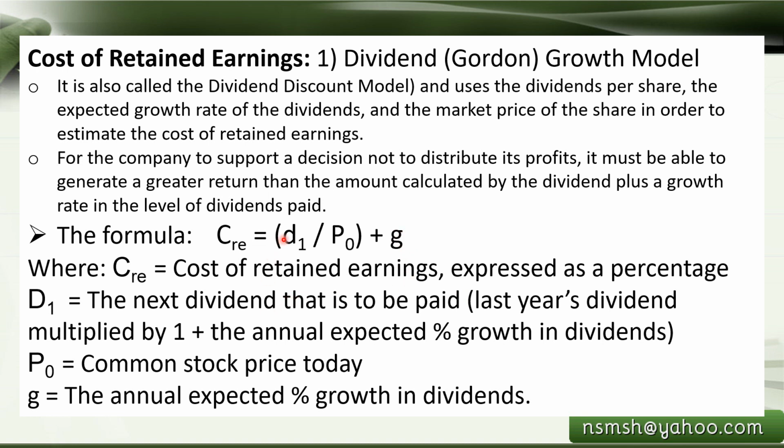That is the first adjustment: whatever the last dividend, multiplied by 1.05 or 1.06, whatever the percentage is. So you get that figure, and then divide it by the price. So you get that value, that is the percentage. That percentage you add to the growth rate percentage. So that is the cost of the retained earnings. So this is the formula.